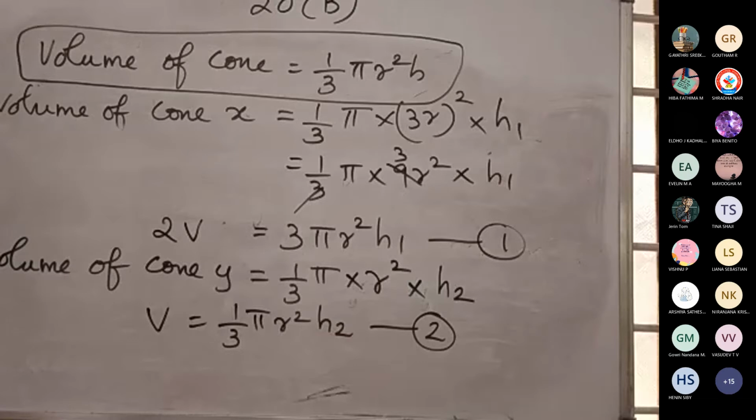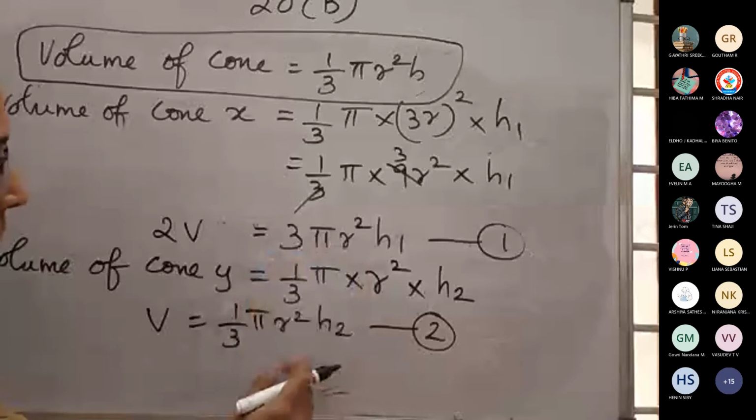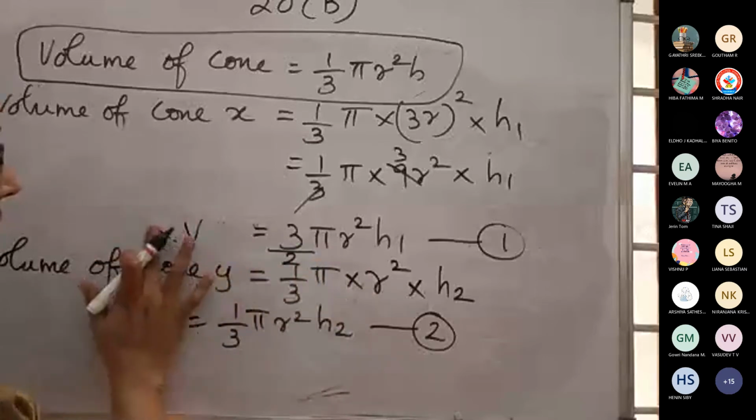Then what we can do? We want to get V, no? Equating 1 and 2, from there, what will be V? V is equal to 3 by 2.